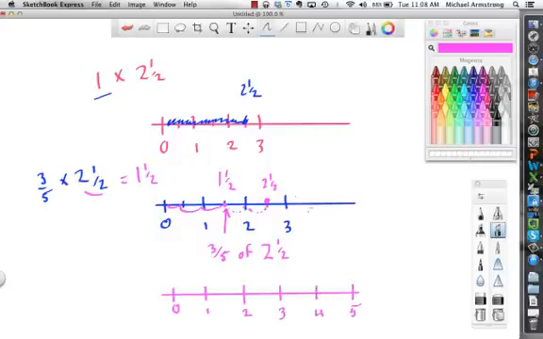Now this time we're doing 1 2/5 times 2 1/2. So we're still doing 2 1/2. And if we just go out here to 2 1/2, that's right here. But we're going to do it more than once. We're going to do it 1 2/5 times.